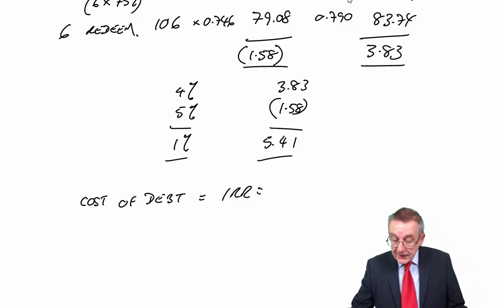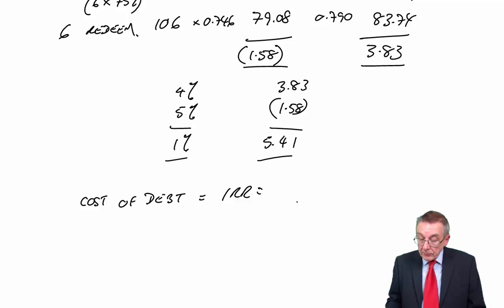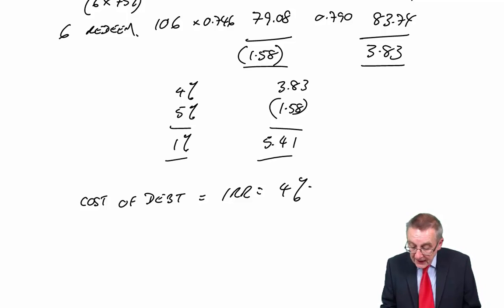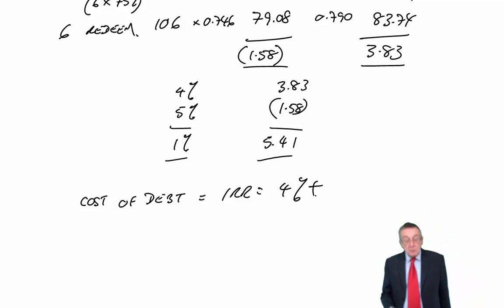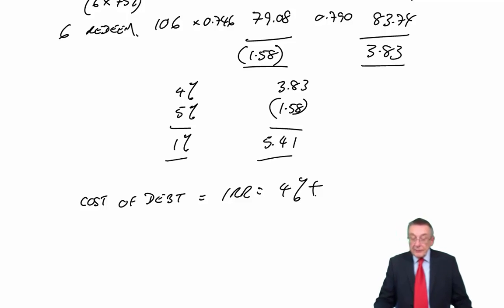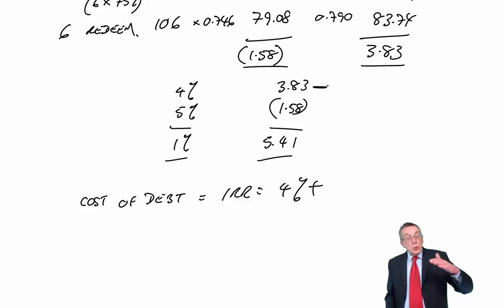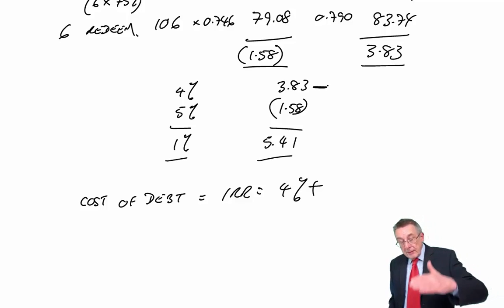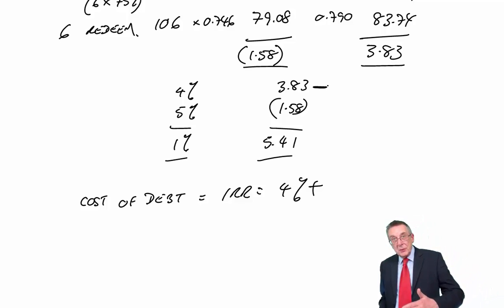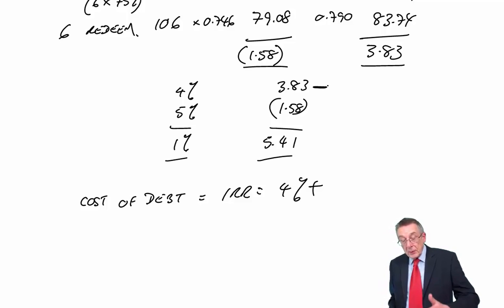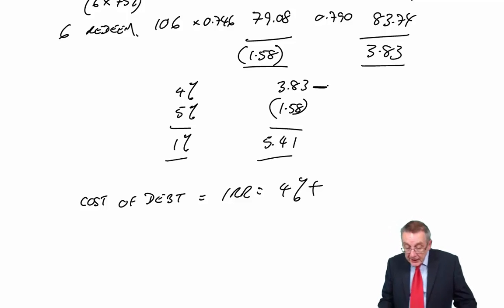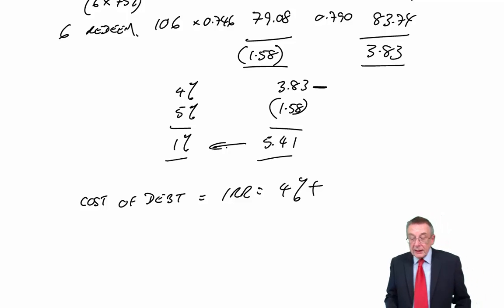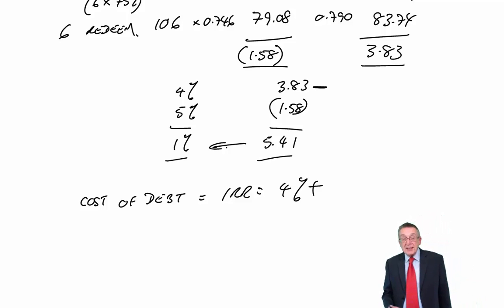Here, from our guesses, we knew since 4% was positive, it's more than 4%. How much more than 4%? Well, at 4%, the NPV is 3.83. We need it to drop from 3.83 to 0. So we need to fall by 3.83. We know that 5.41 is a change of 1%.